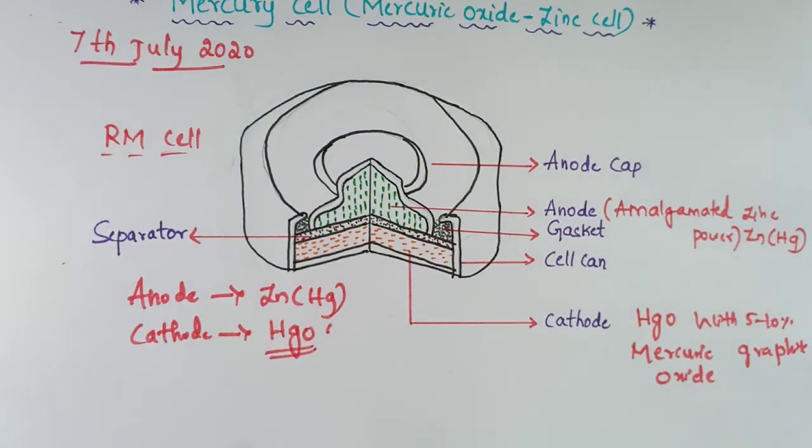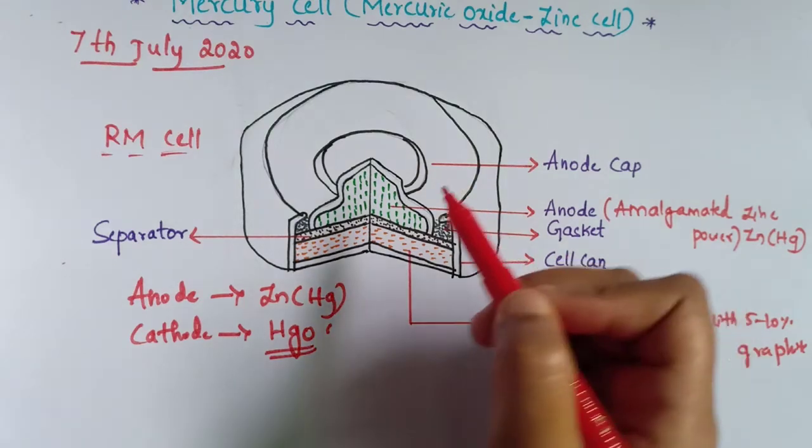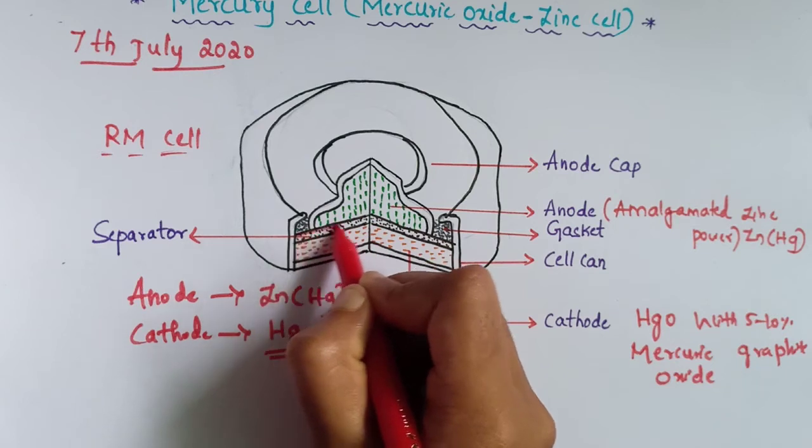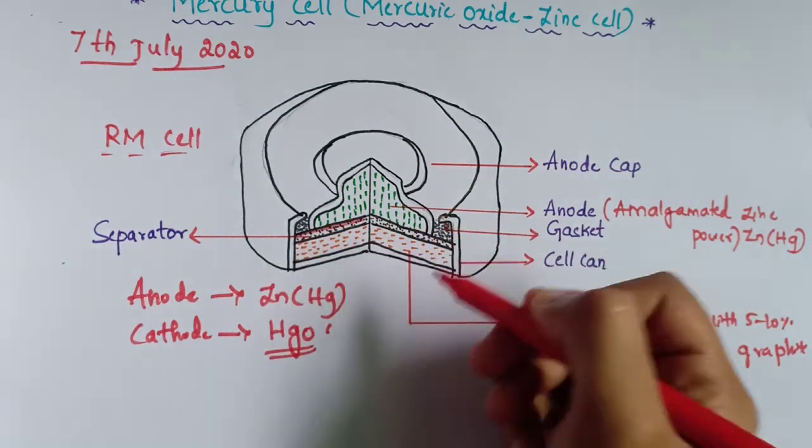Okay, next, what electrolytes are present here? Here is the anode and here is the cathode. In between is a separator which separates the anode and the cathode.